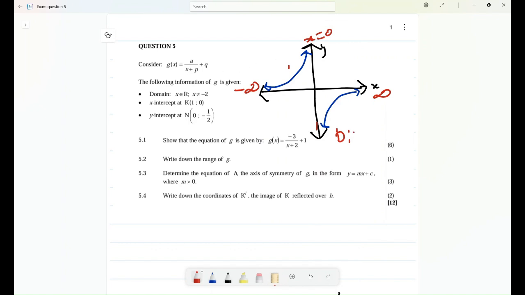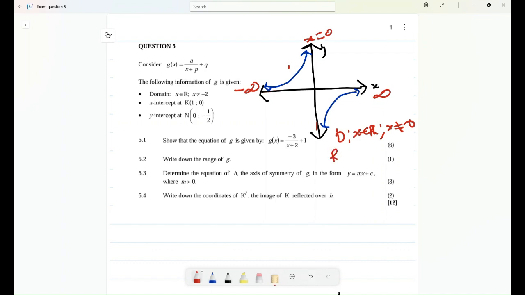My domain is x is an element of real numbers, so x is an element from negative infinity to infinity, but x was not equal to 0. It jumped that 0 point. This is what they are trying to tell me. Remember, this is my vertical asymptote. You all agree with me? This is my horizontal asymptote in grade 10. Yes, this is my domain.